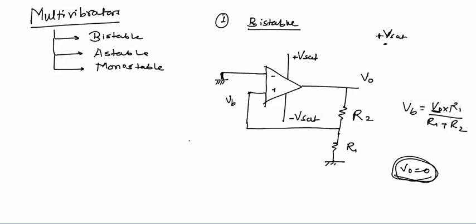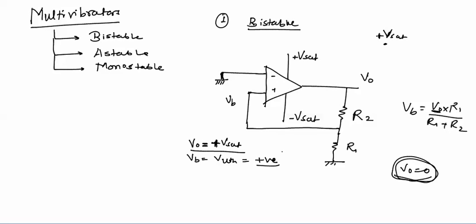So if we assume that V0 equal to plus Vsat, due to noise VB becomes a little greater than VA and output becomes plus Vsat. And if output is equal to plus Vsat, VB becomes VUTH, which obviously will be positive.